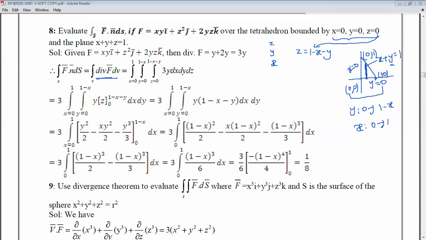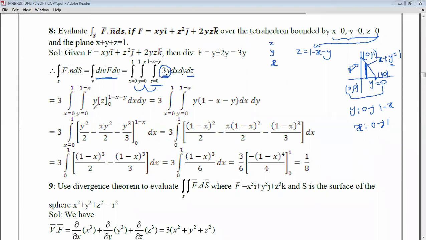It is z from 0 to 1 minus x minus y, y is from 0 to 1 minus x, and x is from 0 to 1. So first we need to apply integration with respect to z, then integration with respect to y, and next integration with respect to x. So first I applied integration; here we have 3y. With respect to z, obviously this is constant, there is no change in that.